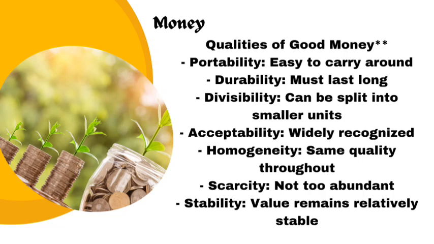It must not be too many as it may lose its value. It also has durability. That means it must last long. Stability, divisibility, recognizability. Money must be recognized and identified by the totality of the people in the society, and it must have its own unique value. That is the quality of money.